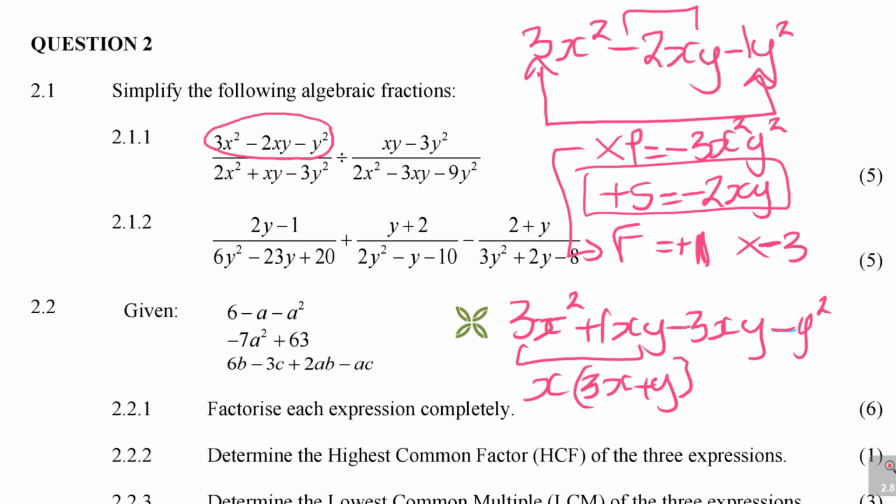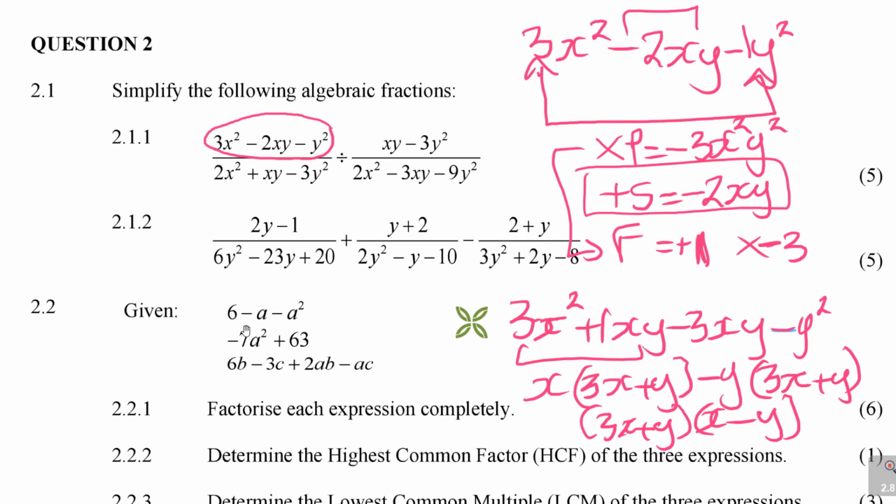And then for negative 3xy, negative y, negative is positive, but it's y this time. You interchange the signs every time you take out a negative. It's positive 3x and then plus y. You see? Then your factorized form is 3x plus y, and outside the brackets is x minus y. So these are the kind of factorization that they will be trying to bring.